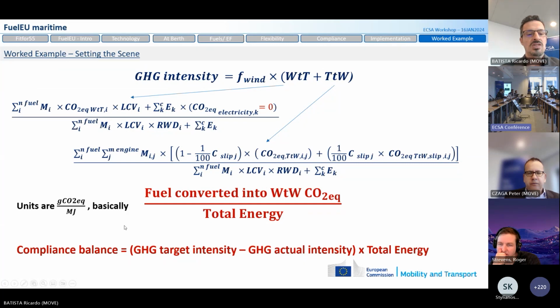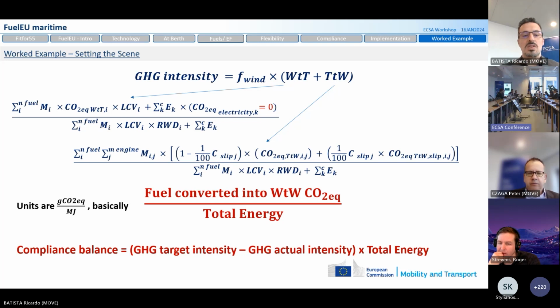So we say, in general, the units provided in the result illustrate the concept of the FuelEU, with grams of CO2 equivalent per megajoule, which is in fact all the fuel converted into well-to-wake CO2 equivalent units over the total energy used on board the ship over the compliance year.